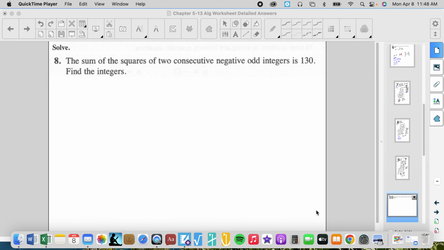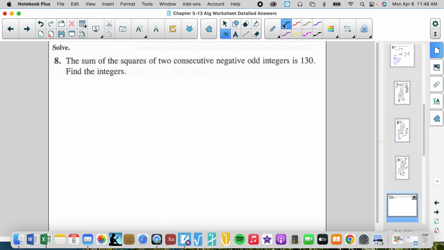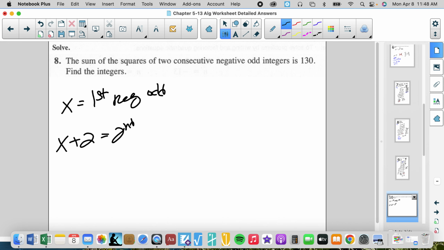So we have the sum of the squares of two consecutive negative odd integers. So again, x is going to represent that first negative odd number, and x plus 2 will take us to our next consecutive odd integer, the second negative odd integer.